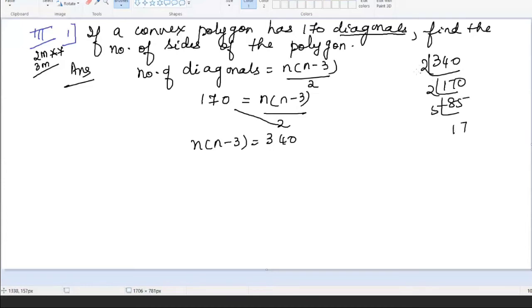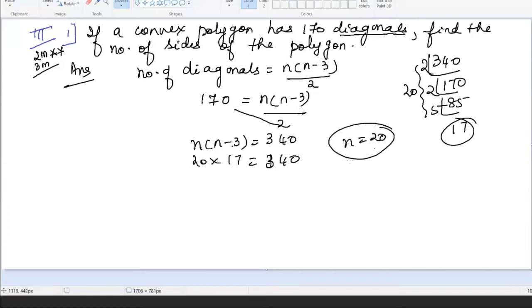So 5 twos are 10, 2 twos are 20, and 17. Am I getting the difference here? So 20 and 17 I'm getting. So here it is 20 into 17 is equal to 340. So therefore n is equal to 20. You can directly write by inspection method. Otherwise you can write by taking quadratic equation.